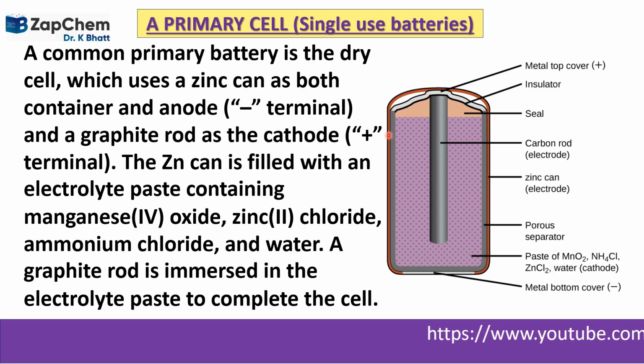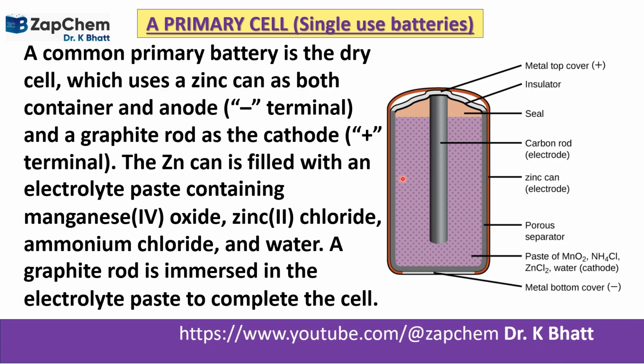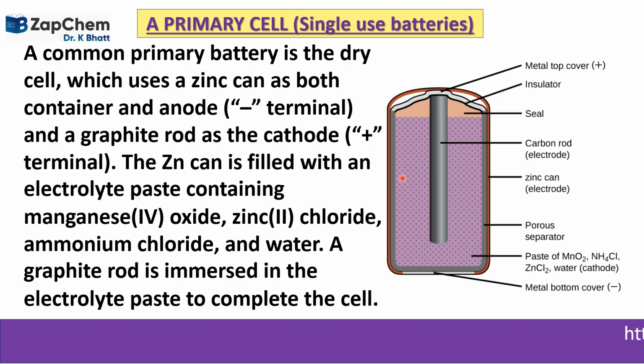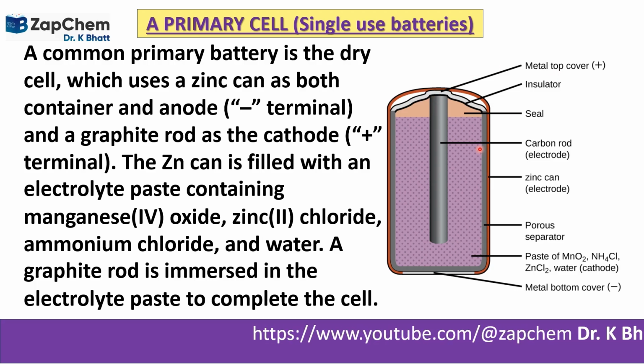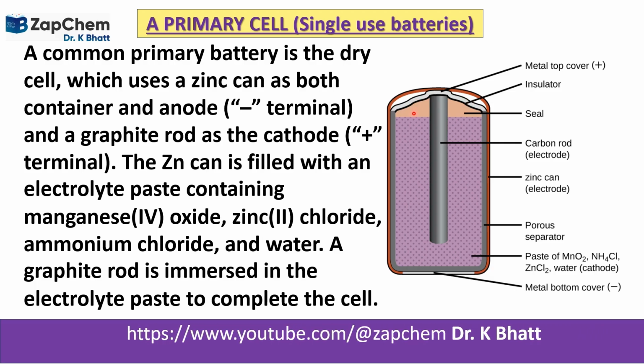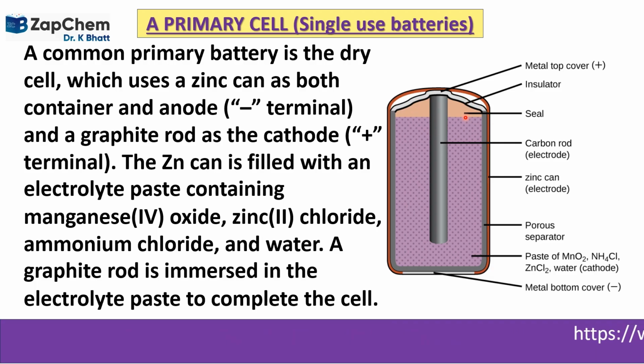The electrolyte is filled in completely, put in, mixed, and then we dress it up, putting a metal top cover at the center. Insulator is also necessary, and then there is a sealing space. We put a seal.